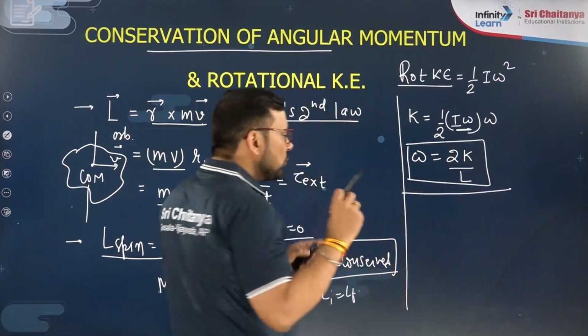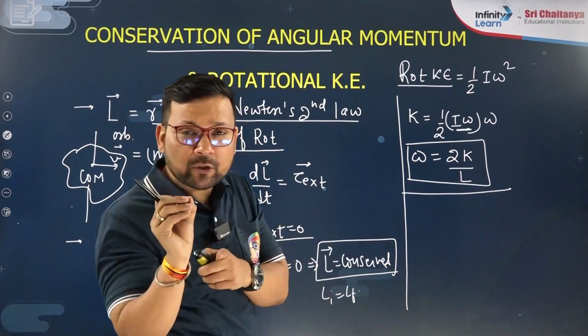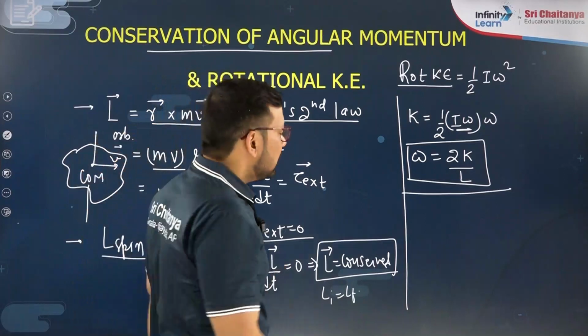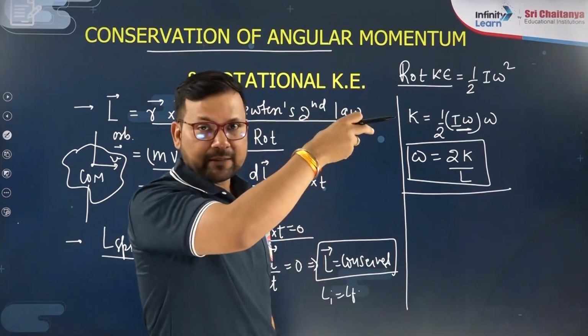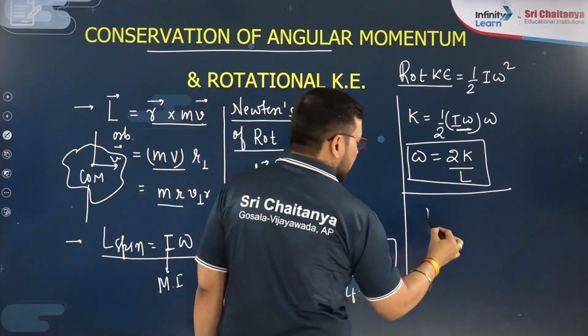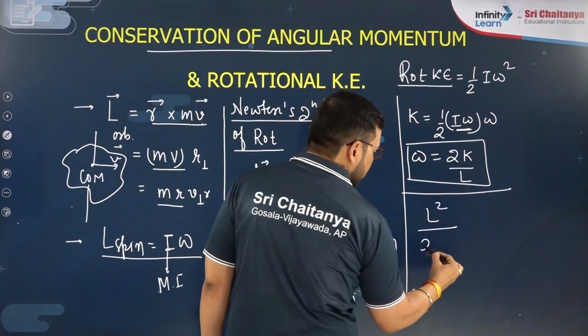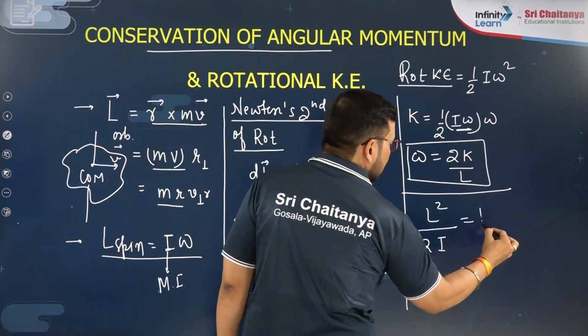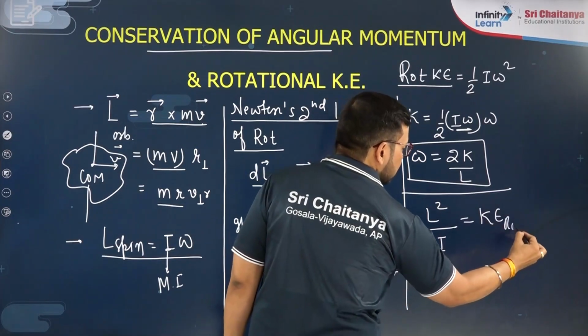That is like in Newton's second law, we write P square by 2m, that is translational kinetic energy. If I am going to rotational kinetic energy, P will be replaced by L, m will be replaced by I, and that is the rotational kinetic energy.